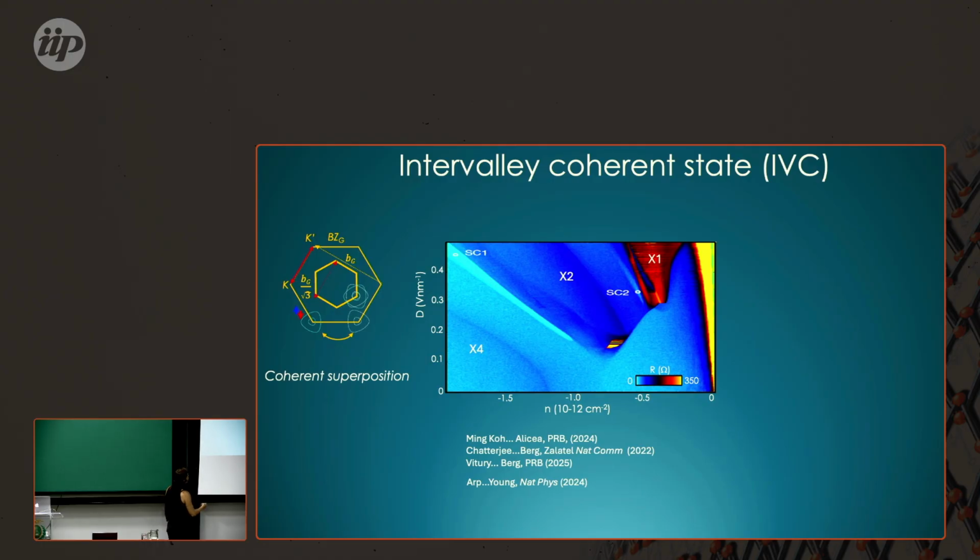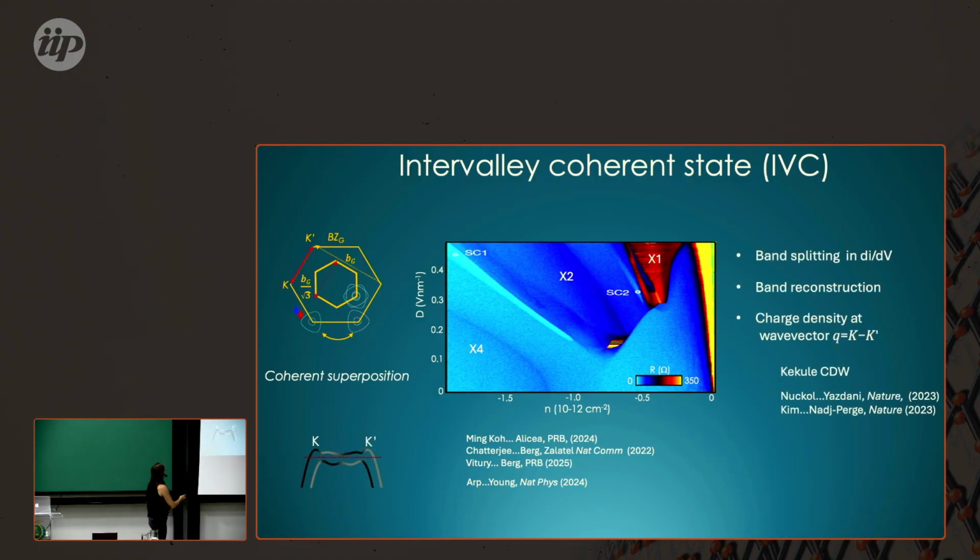And experimentally, having an STM, what we want to look for is this folding and hybridization, which should give rise to a band splitting, which we can look for in the density of states. It also gives rise to band reconstruction, which gives rise to new scattering channels that we can, in principle, detect with the quasi-particle interference method.